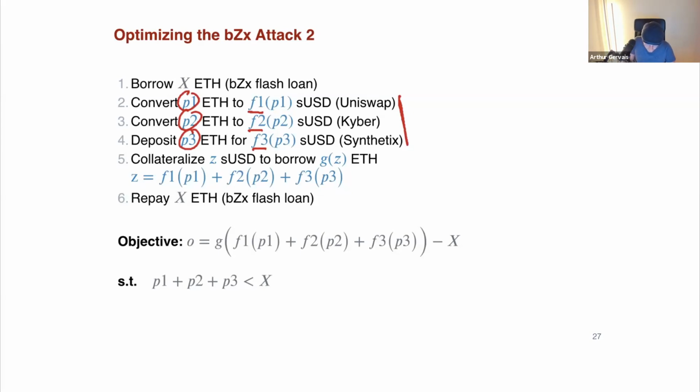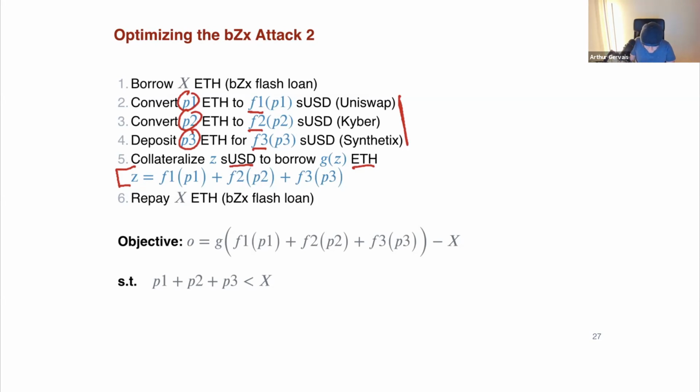So the fifth step is to collateralize SUSD and to borrow Ether, right? This was on the B6 platform, which is using as a price oracle Uniswap and Kyber, right? So we can rewrite this as Z being the sum of these different functions given the parameters that we don't know yet, right? So we want to find these parameters P1, P2, P3.